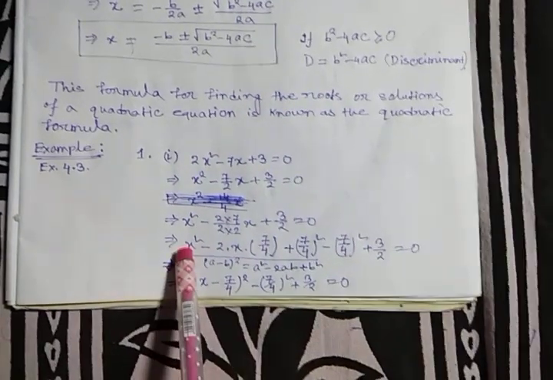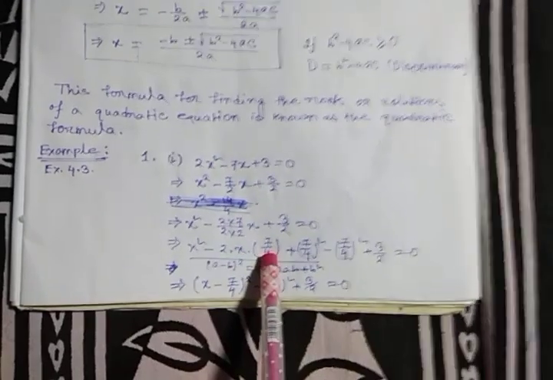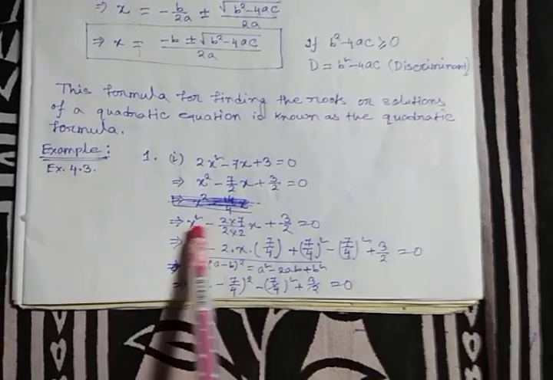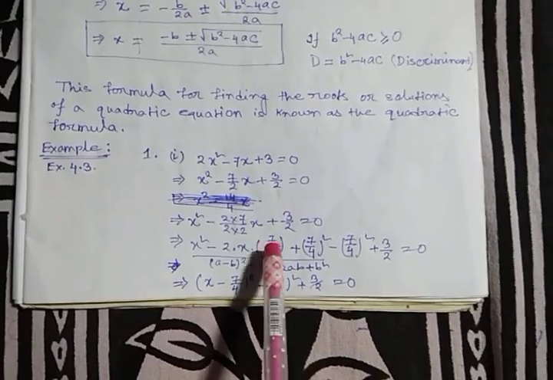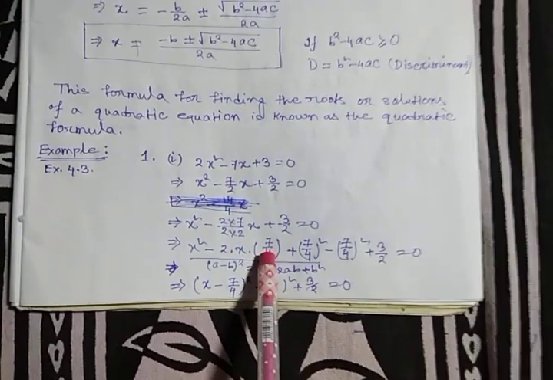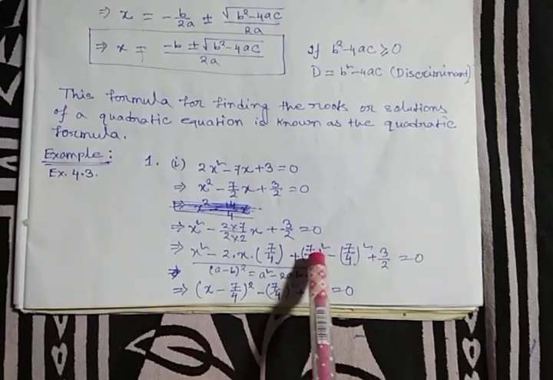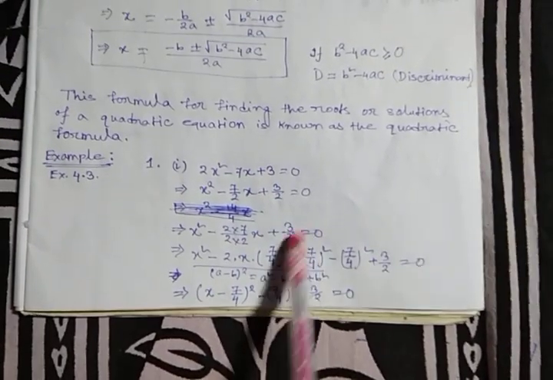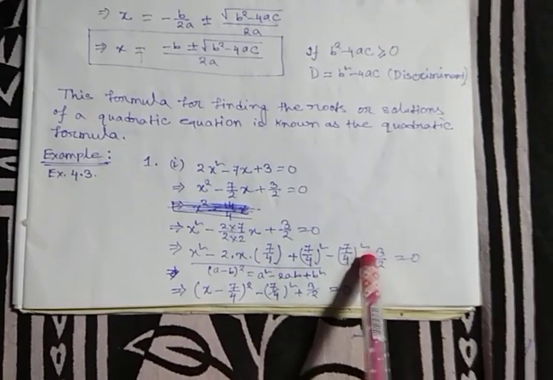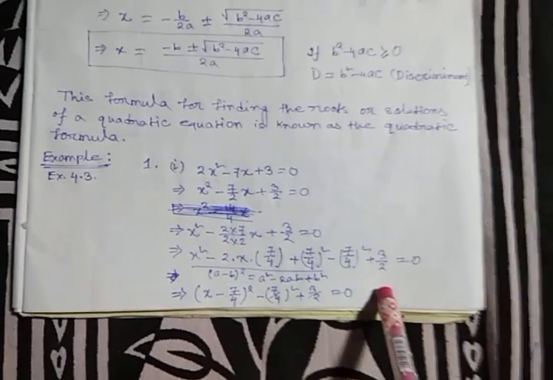So x square minus 2ab, but b square is not there. You can see b square, that means 7 by 4 whole square, we need 7 by 4 whole square because of b square as per the formula. So plus 7 by 4 whole square we can take, because we have taken it as extra, so minus 7 by 4 whole square. Plus 3 by 2 is equal to 0.